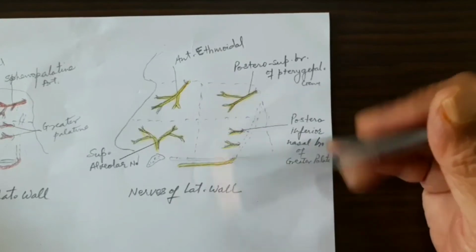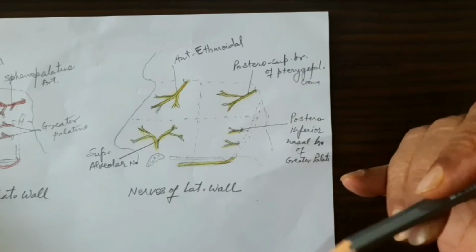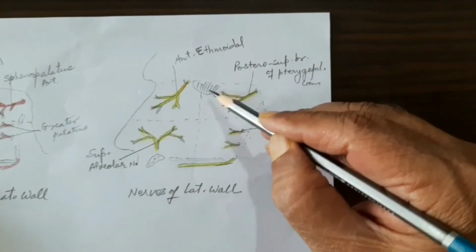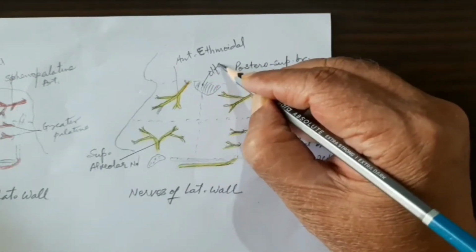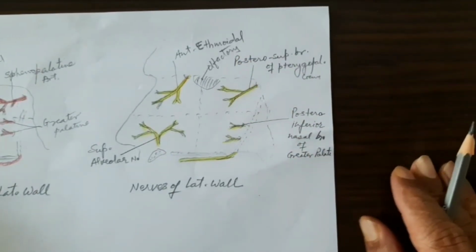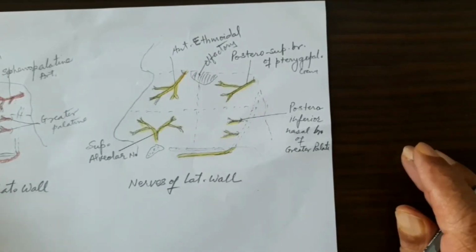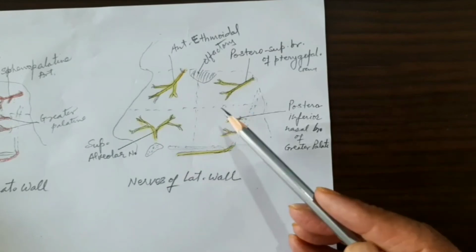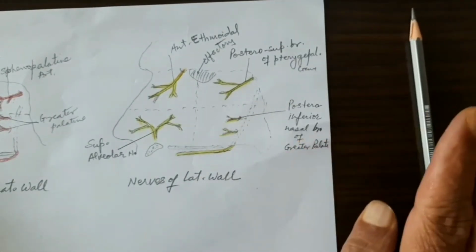Then there is the special nerve, the olfactory nerve, which is present in this special part, as we have seen in the median septum also. This is the special sense of smell. And then there are the autonomic nerves, parasympathetic as well as sympathetic, which come through the pterygopalatine ganglion.